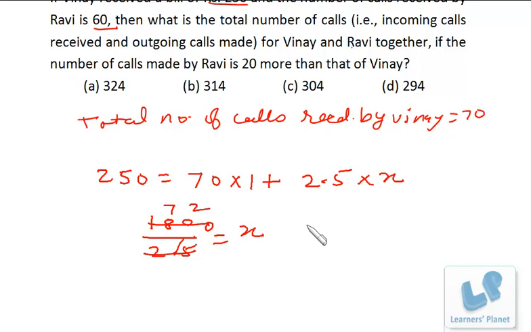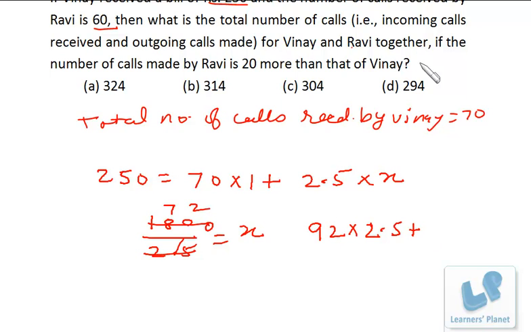Now we have to calculate the bill of Ravi. We have been given that Ravi has made 20 more calls than Vinay. If Vinay has made 72 calls, that means Ravi might have made 72 plus 20, that is 92 outgoing calls.